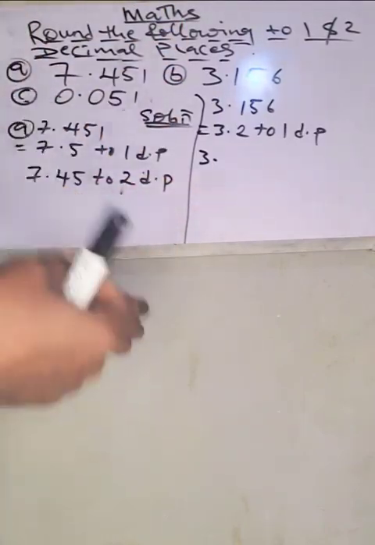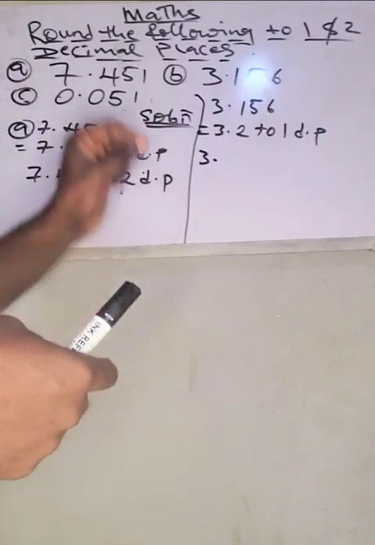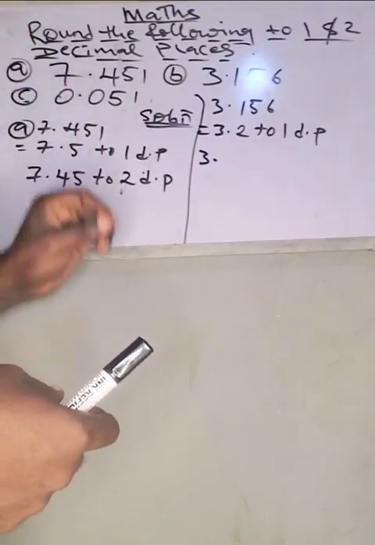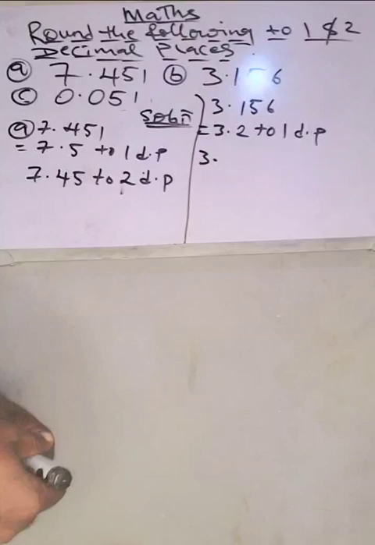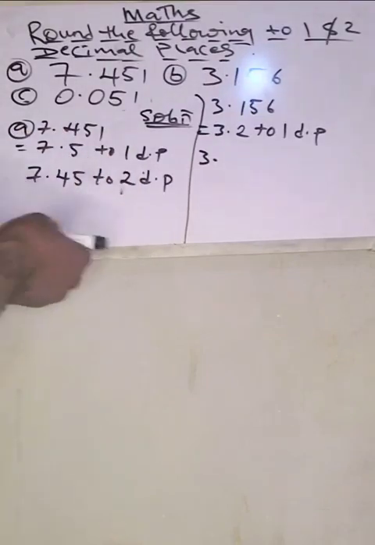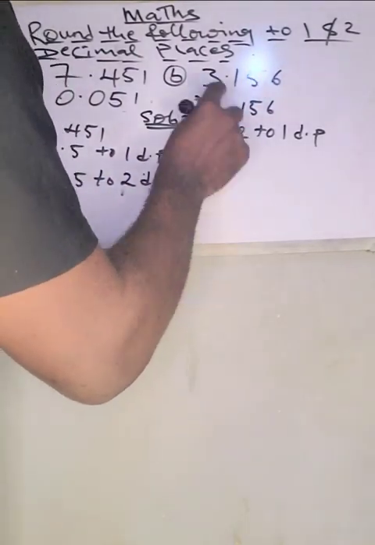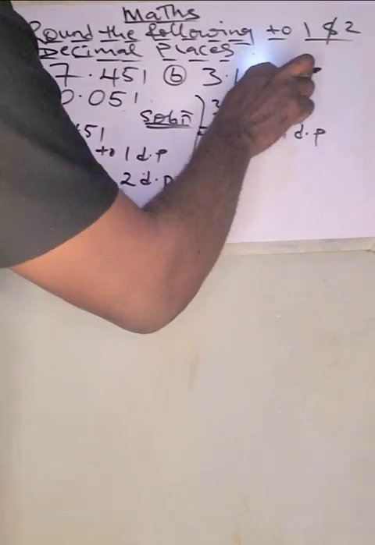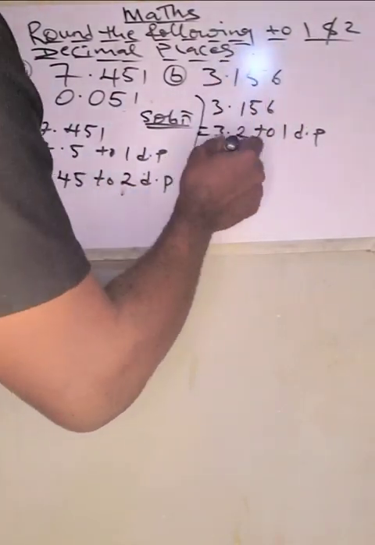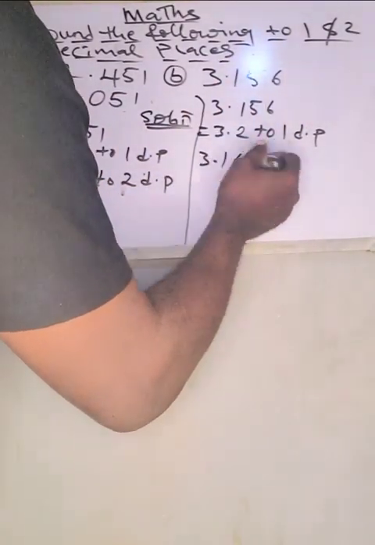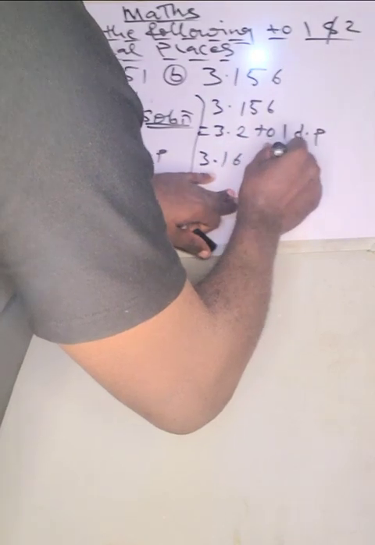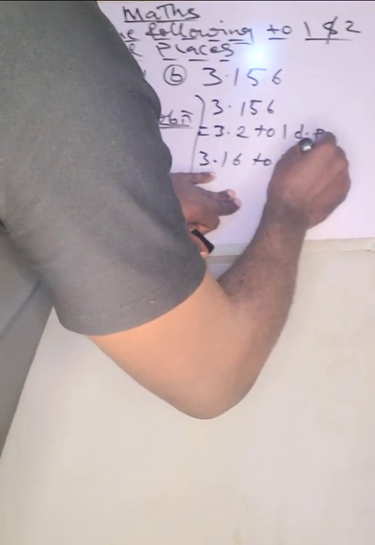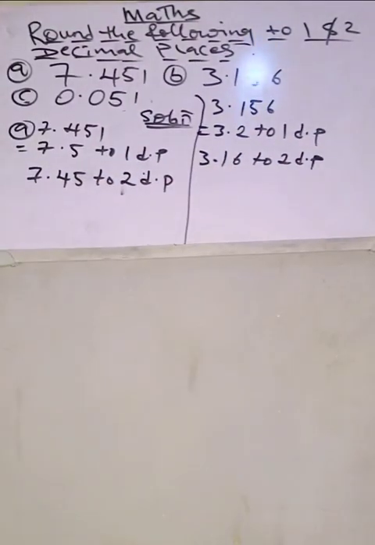Remember that after the decimal point, our target is to have only 2 digit numbers. So our final answer: the last digit is up to 5, we round 5 up to make it 6. 3.16 to 2 decimal places.